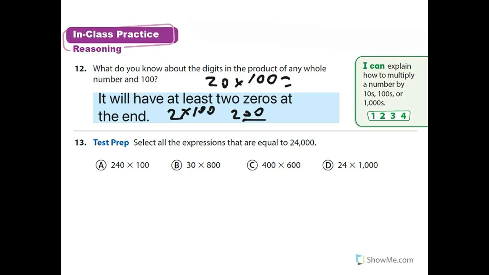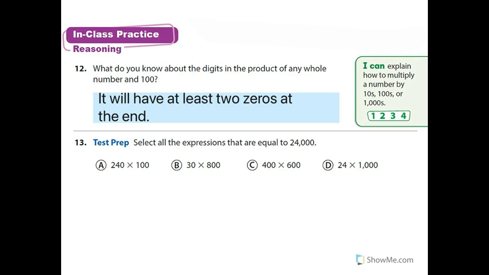It's going to have 3, because it's 2 times 1, and we add those zeros. Because it's times 20, I'm going to have that extra 0, but it's going to have at least 2 zeros at the end. All right, I want you to go ahead and solve number 13 on your own. Read it, solve it, then we'll go over it.